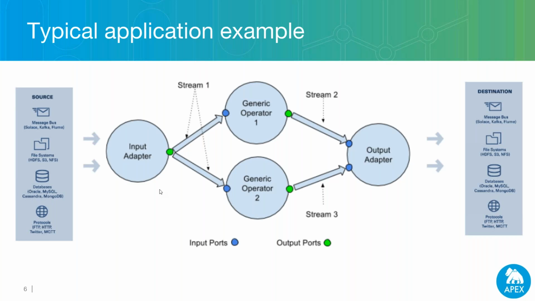It talks with an external system like Kafka or HDFS, gets the data from that, and emits it through its output port to the next operators. A generic operator receives the data through its input port, processes it, and emits it through its output ports. An output adapter receives the data through its input ports and writes it to an external system like HDFS, Kafka, or a database like MySQL.